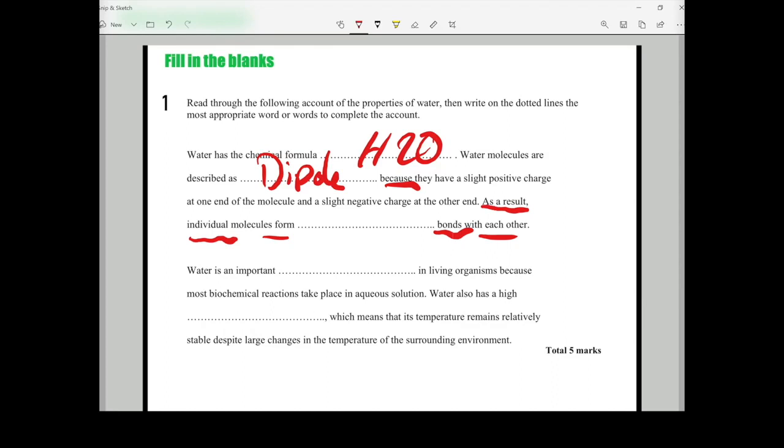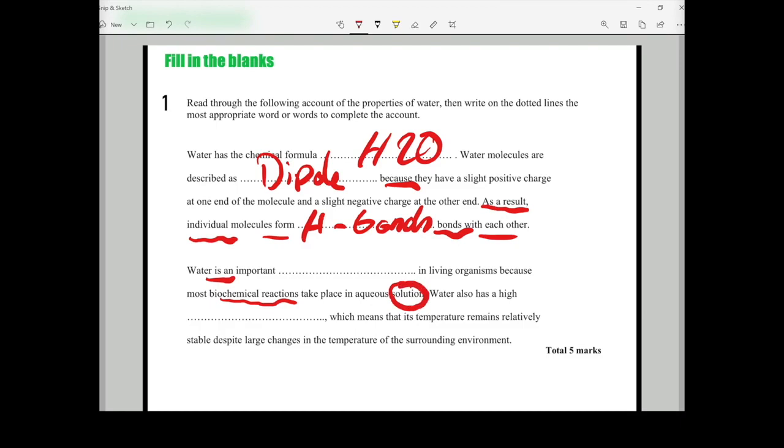So what's the name of the bonds that water molecules form with each other? These are called hydrogen bonds. Water is important because most biochemical reactions take place in aqueous solutions. So what is the property of water that makes it a good solution?